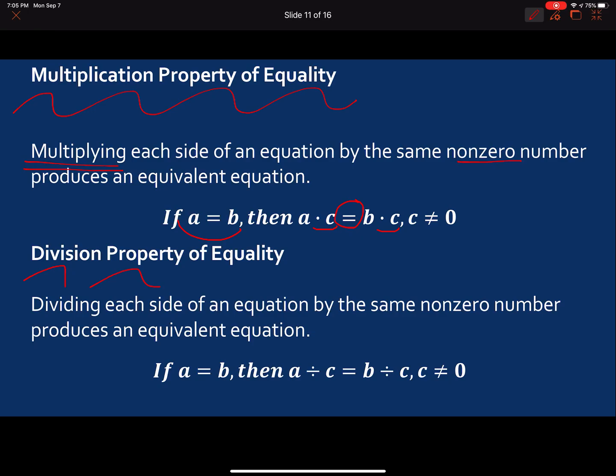The division property of equality states that when dividing each side of an equation by the same non-zero number, we will produce an equivalent equation.